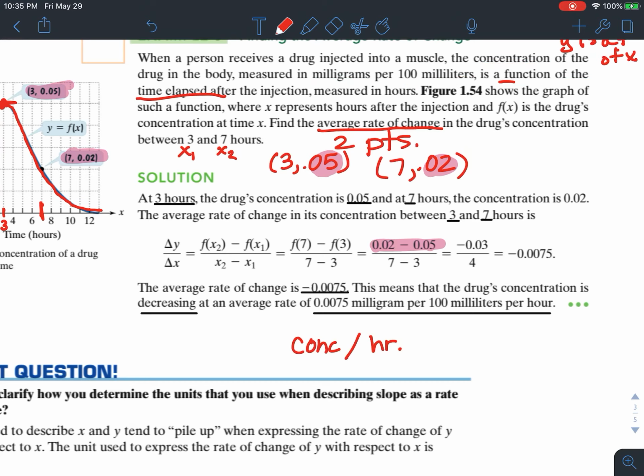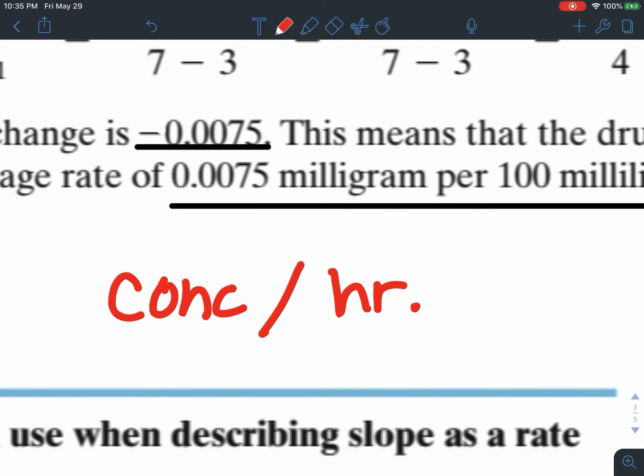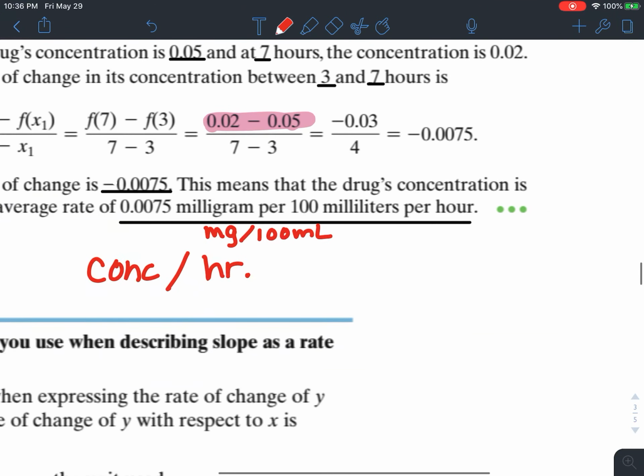So the concentration, its units are milligrams per 100 milliliters. Now, that's a lot of words, so if I was going to write this from scratch, I would have said milligrams per 100 milliliters. I mean, I wouldn't have written it out in words.